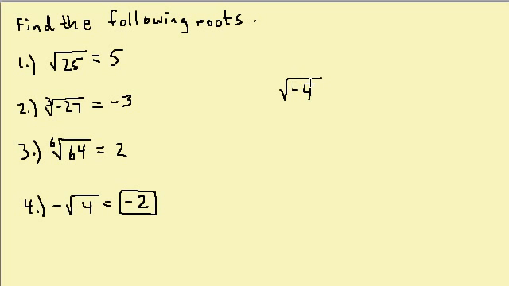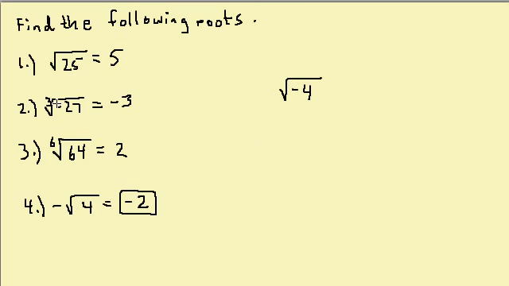But this right here would not be a real number. Okay? You can't take the square root of a negative number. And you can't take the fourth root of a negative number. You can't take the sixth root of a negative number. Like if the index was a 6, we couldn't have a negative under the radical.